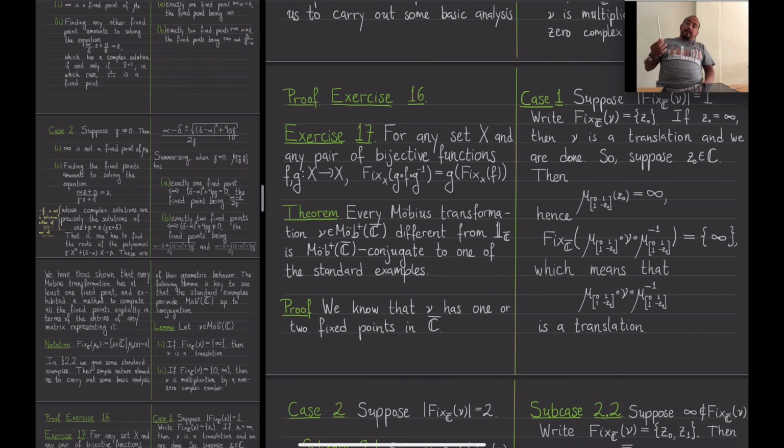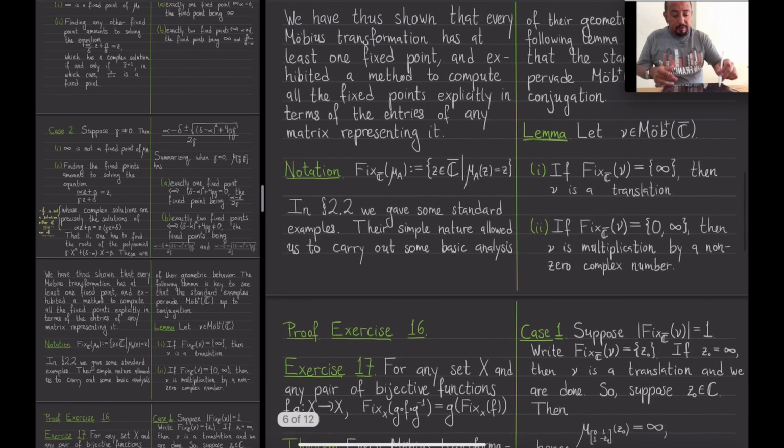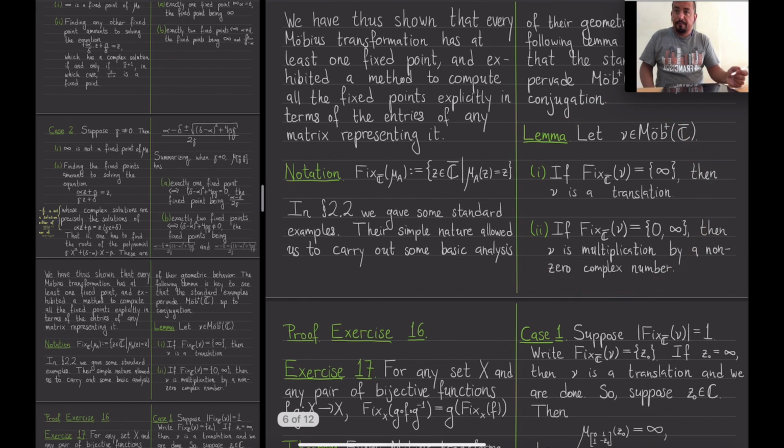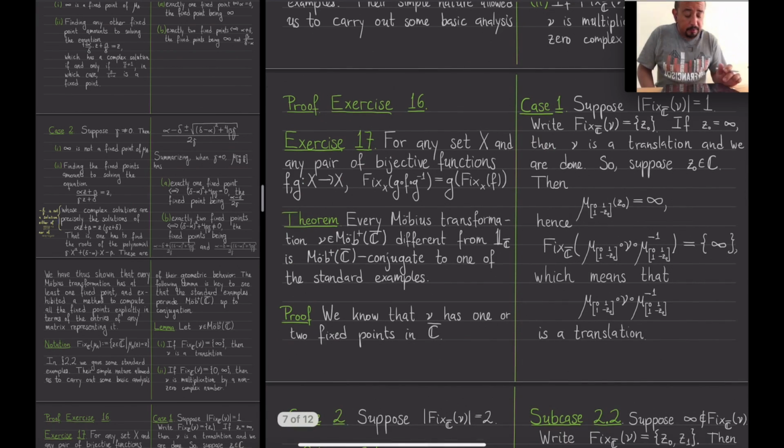And as I said, the trick, knowing that the number of fixed points is exactly 1 or exactly 2, is to conjugate and obtain something that either fixes only infinity or fixes 0 and infinity, and then this lemma does the job.